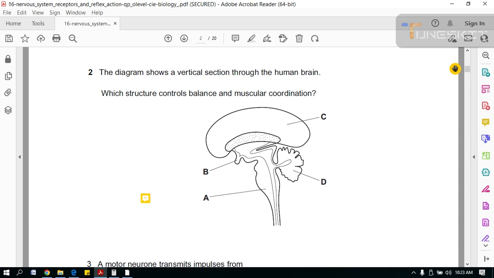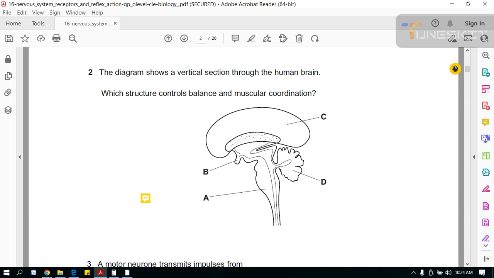Similarly, option B is a part of the brain called the hypothalamus. Then option C is the cerebrum, and option D is the cerebellum. So these are the four parts involved here.